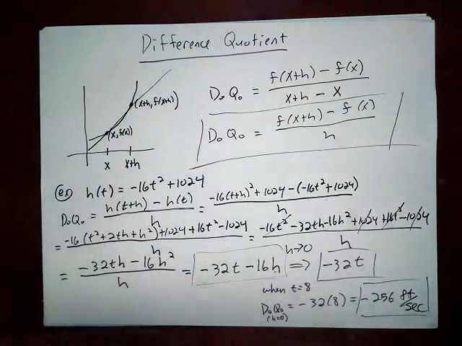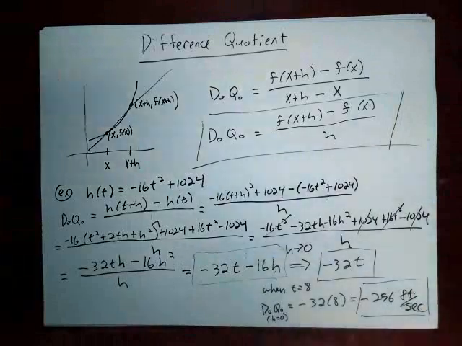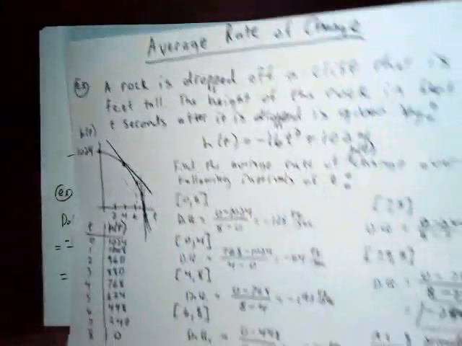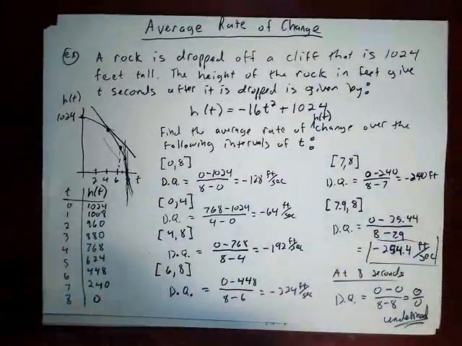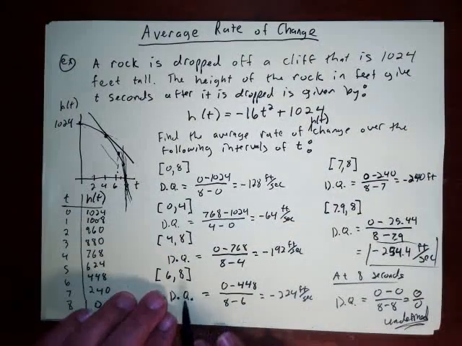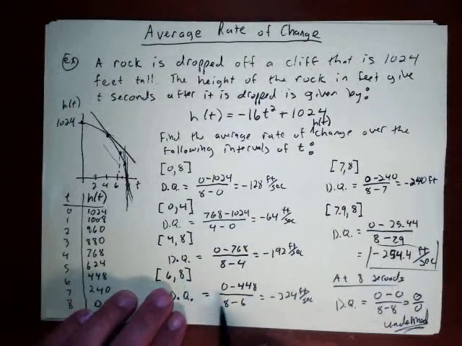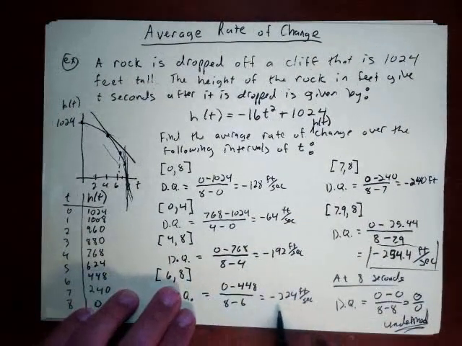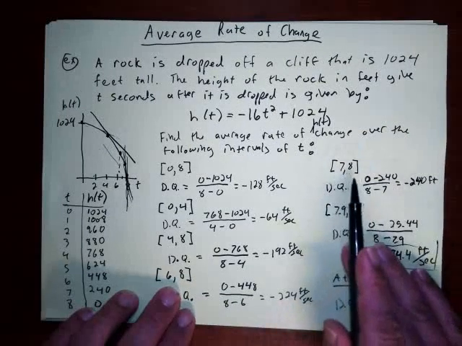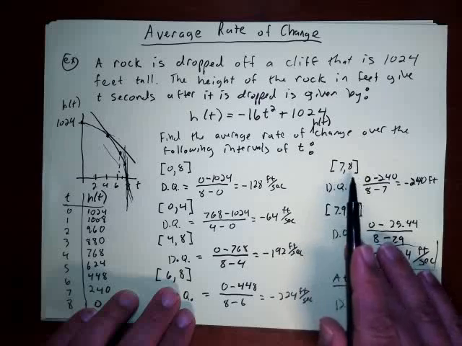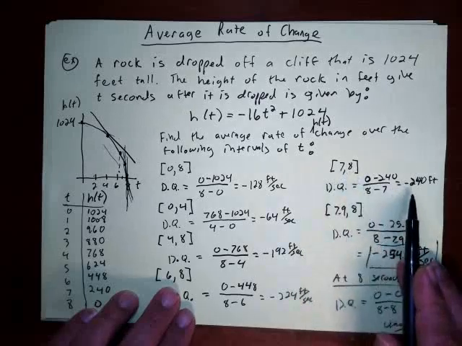And if you look at what we did before, this actually works with what we did before, because we calculated the average rate of change in those last 2 seconds from 6 to 8. We got negative 224 feet per second. And then from 7 to 8, in that last second, it was negative 240 feet.